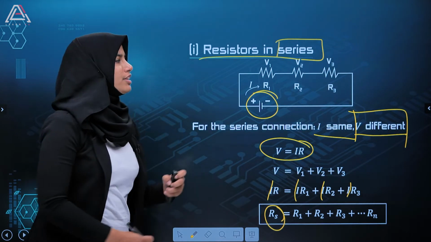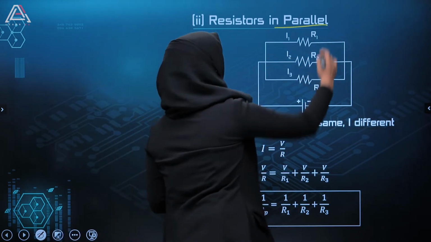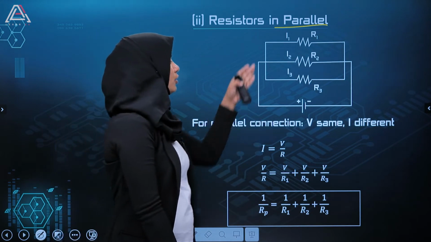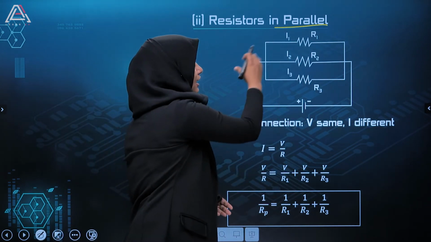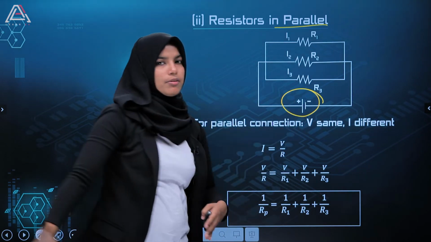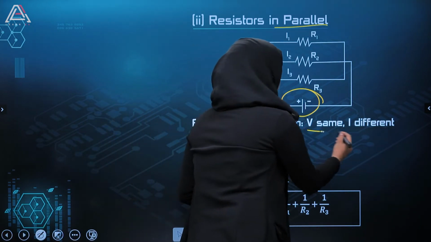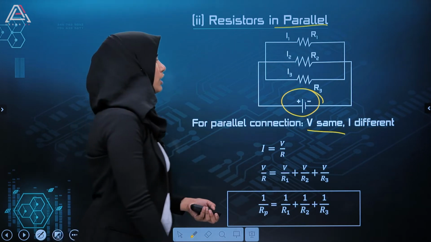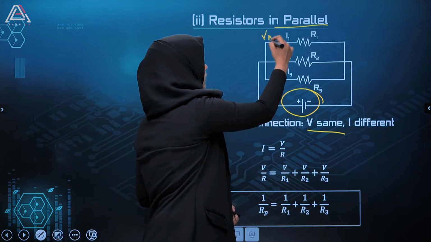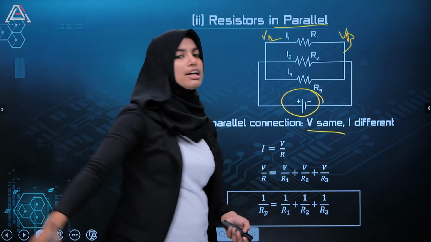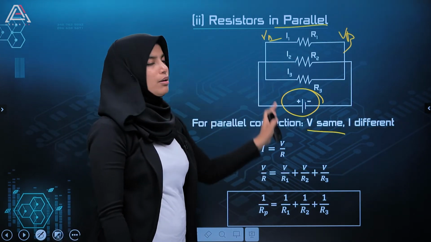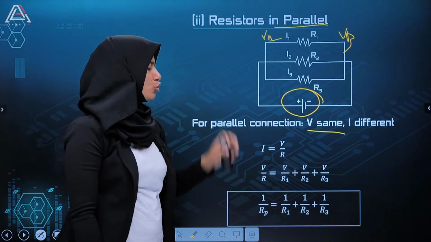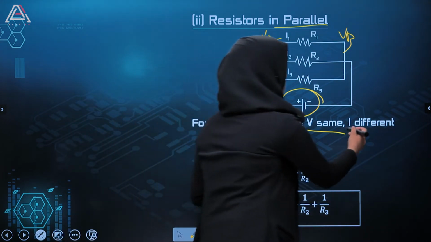Now, if the resistors are connected in parallel, just as shown here, you have three resistors R1, R2 and R3 connected in parallel to a terminal. Here the voltage will be the same, because it is the potential difference between VA and VB, but the current will be different for different loops. So we start with current.